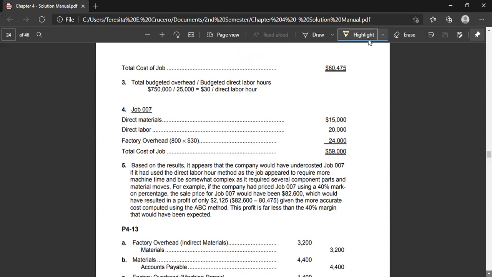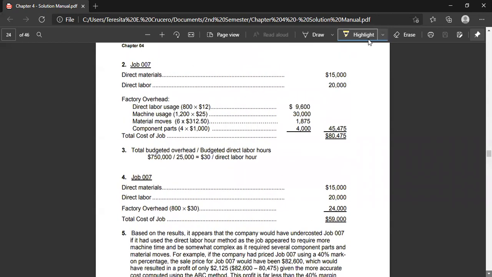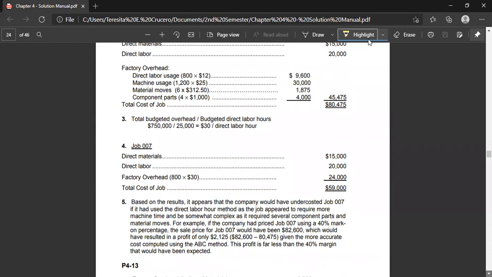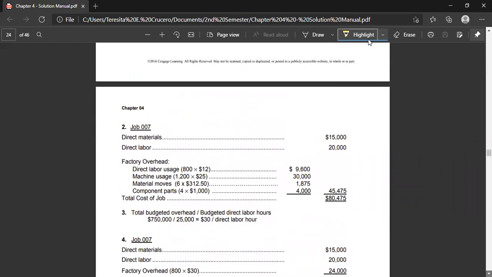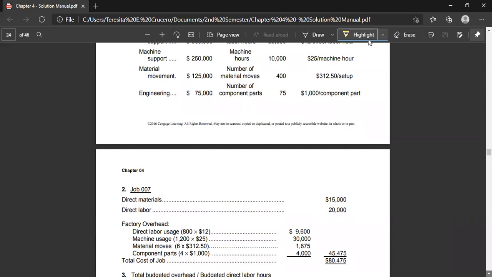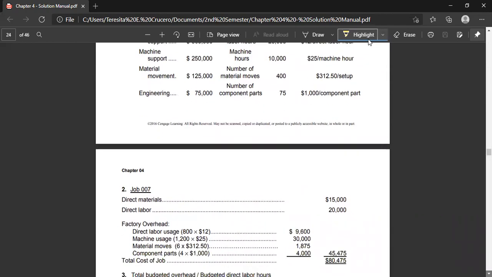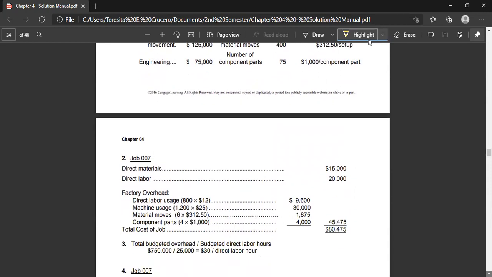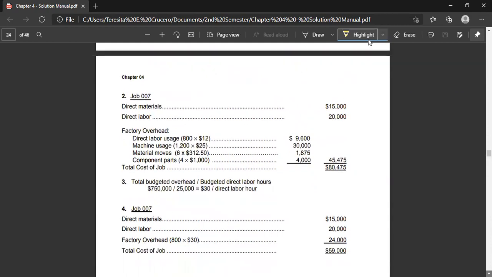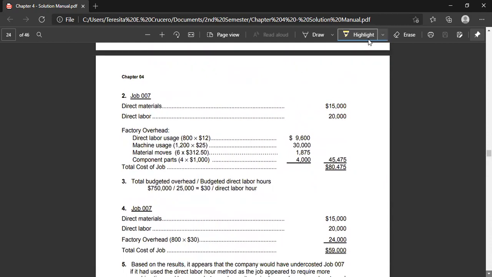We use 800 direct labor hours, and we have the rate at 30 per direct labor hour.